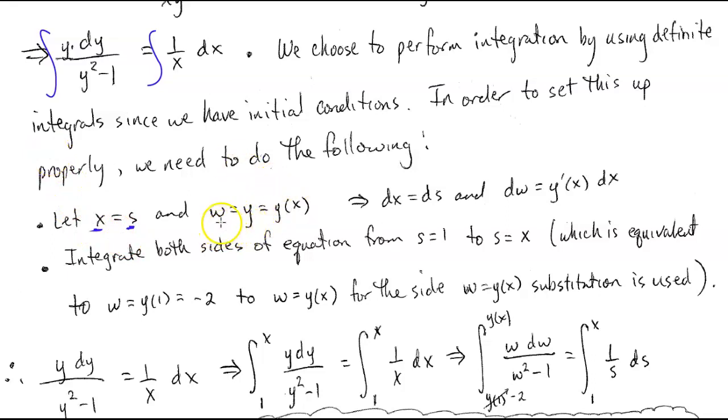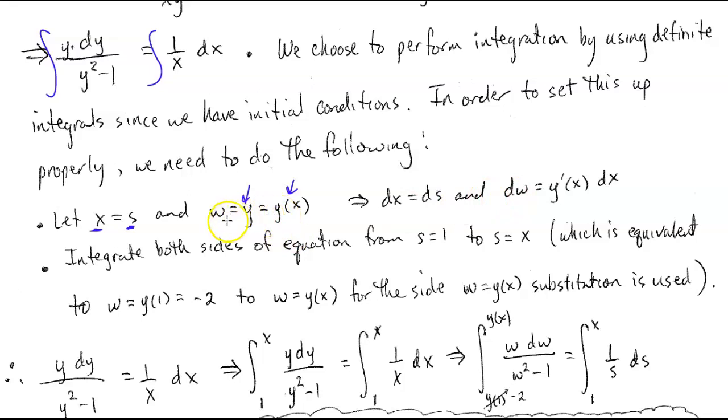We are also going to let w, which is going to be our substitution, be y, which is some function of x. And again, we're doing it just to make everything look different. If that's the case, then if we take the derivative of x, we'll just have dx equals ds, if we take the derivative of both sides.